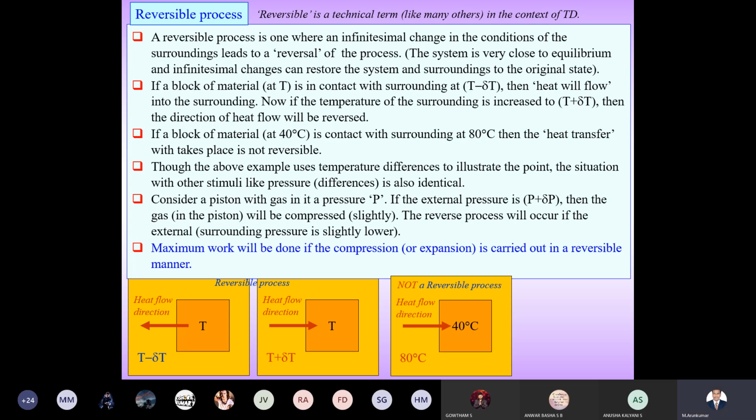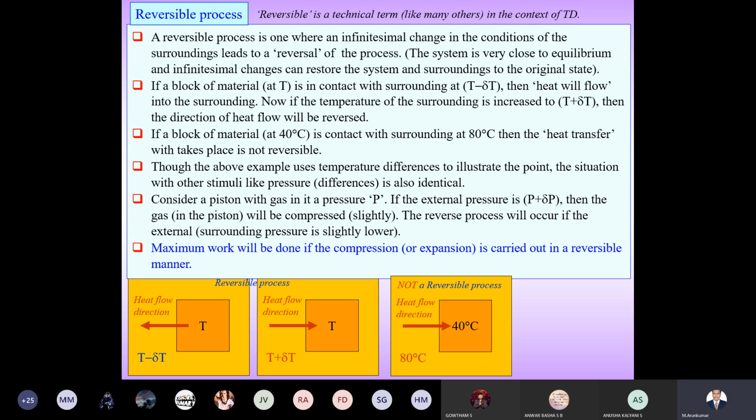Consider a piston with gas at a pressure P. Assume this one: a piston has its pressure P. If the external pressure is increased, then the gas in the piston will be compressed slightly. Then a reverse process will occur if the external surrounding pressure is slightly lowered.